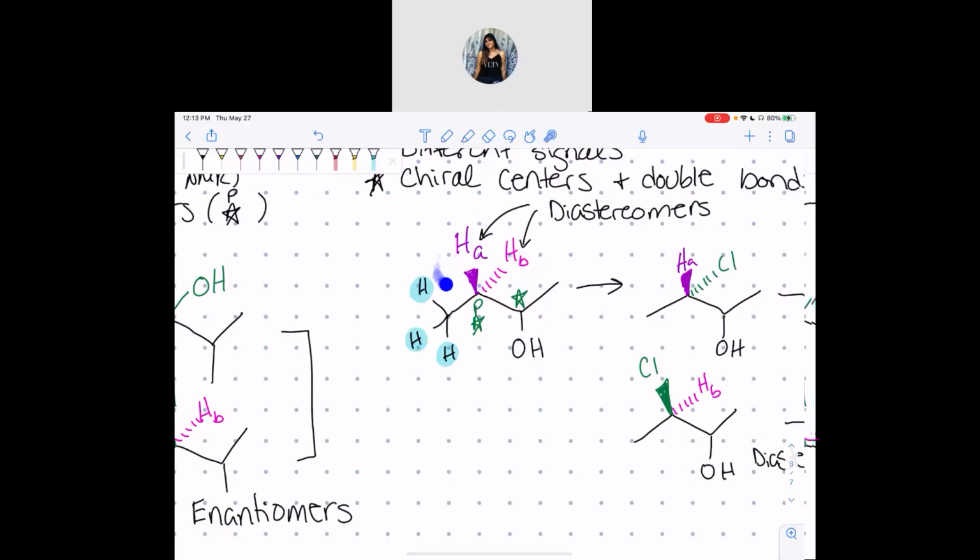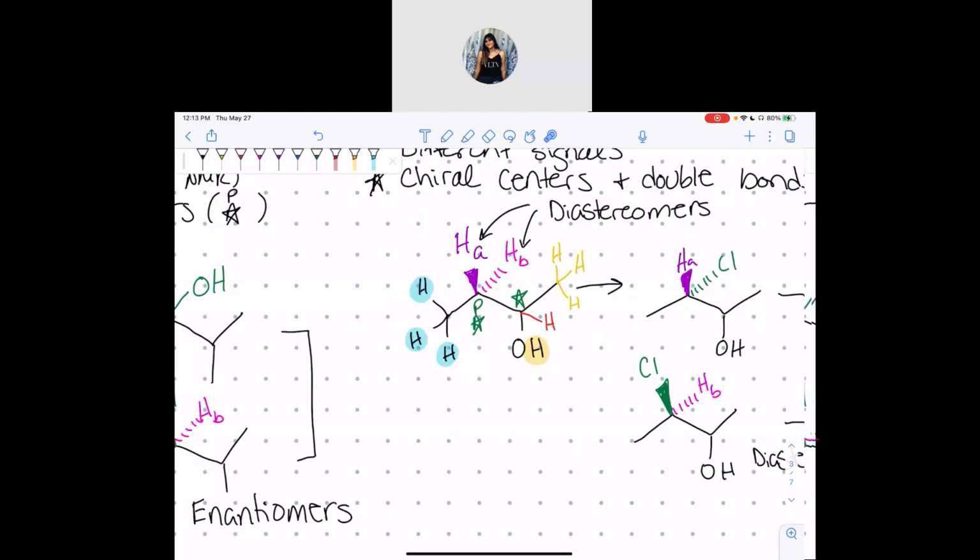And then we know we have this signal, and then we have a signal here, and we have this signal here, and last but not least, we have this signal here. So how many total hydrogen signals will we have? And yes, HA and HB are going to count as two separate signals. So altogether, can someone count for me?